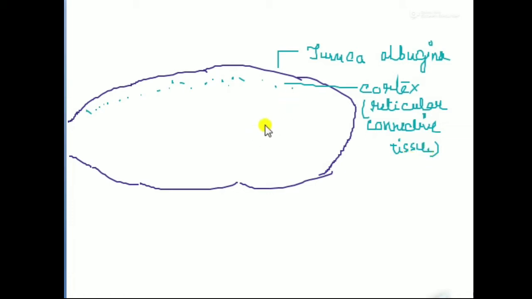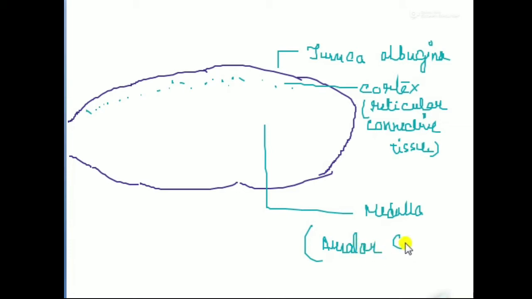That means this area is the medulla. It is made up of areolar connective tissue. That means the ovary is divided into two distinct zones: one is medulla, another one is cortex.